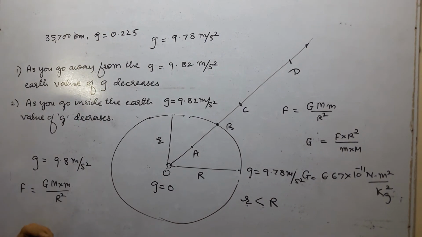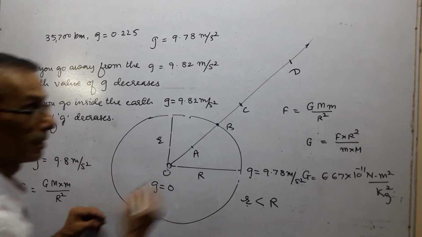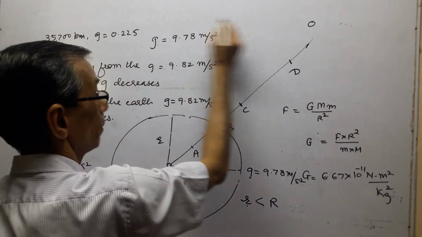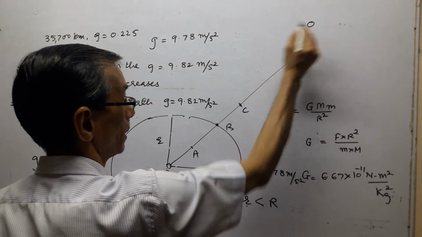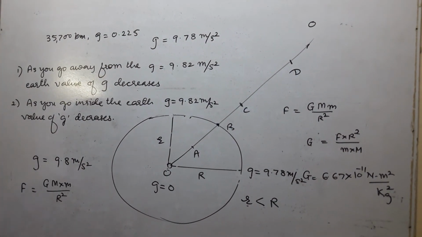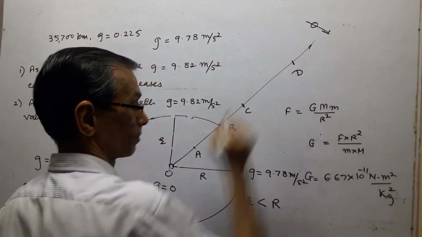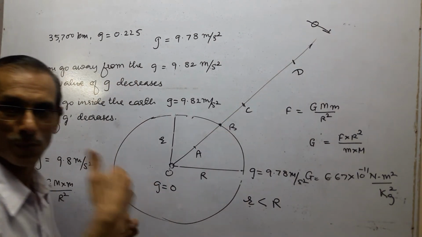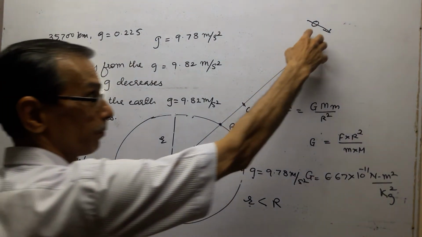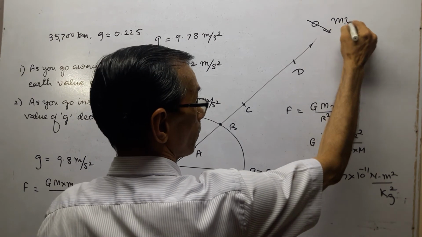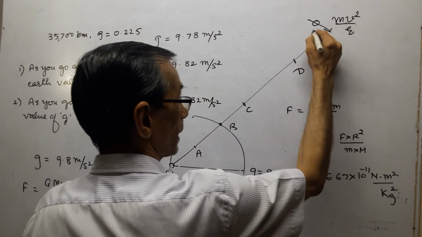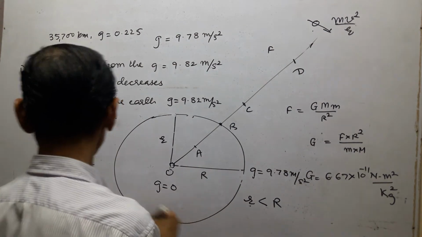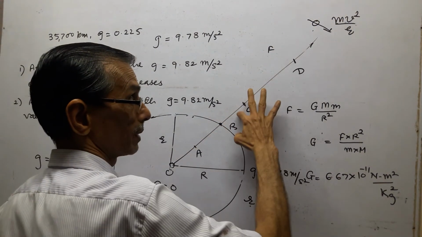That is why this distance is very important for launching a satellite. When the satellite is at this distance, 35,700 kilometers, it is given such a speed that its centrifugal force, mv square upon r, and the gravitational force, according to Newton's law, become equal and balanced.